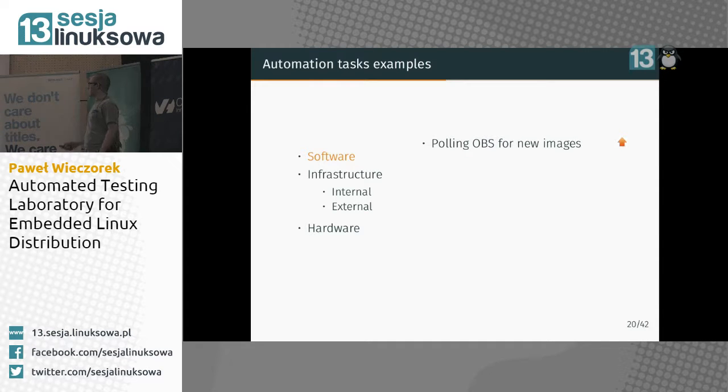One of the examples of software issues was polling Open Build Service for information about new images. Unfortunately, Open Build Service in the version which we currently use doesn't support any event mechanism, and we had to work around it.